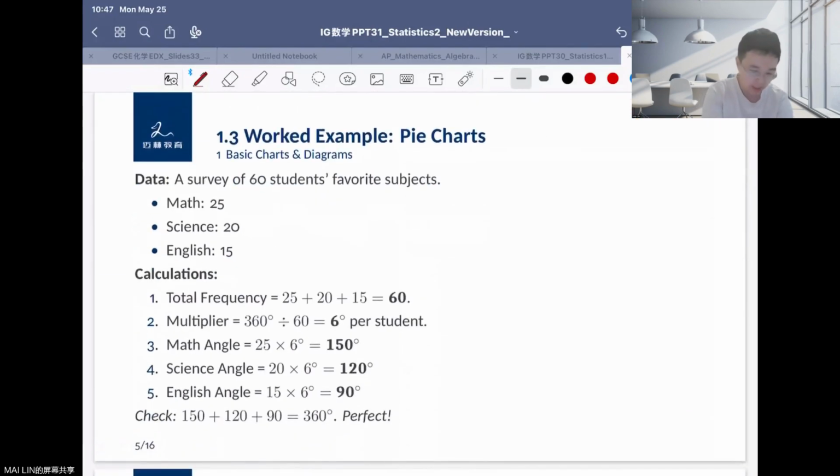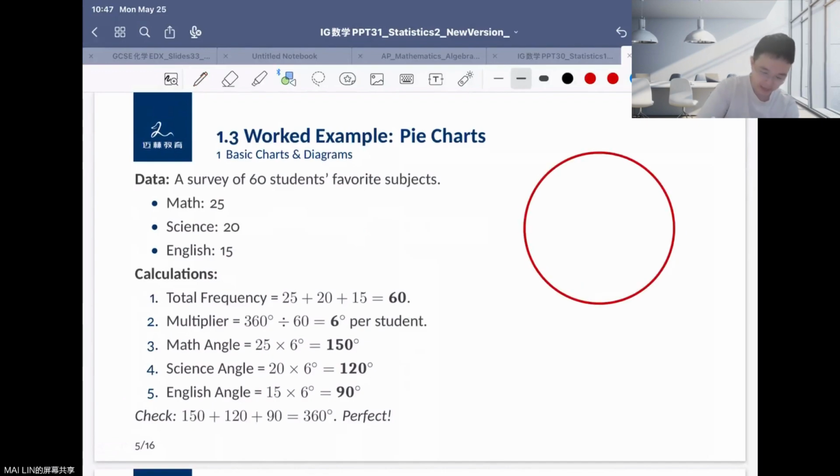So maybe here, a survey of 60 students' favorite subjects: math is 25, science is 20, and English is 15. And we can draw a pie chart like here. This is a pie chart, and math is 25, and science is 20, maybe here is science.